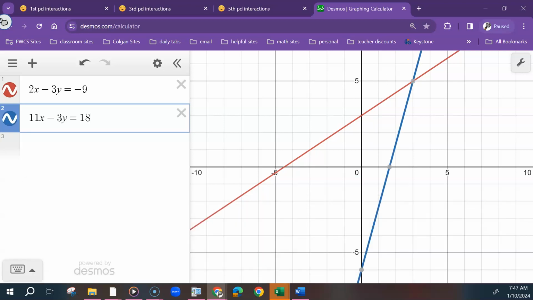Your 2 lines will appear. Wherever they cross is your solution. Or if they don't cross, they're parallel lines, no solution. Or if they graph on top of each other, there are infinitely many. Questions on how to check yourself in Desmos?